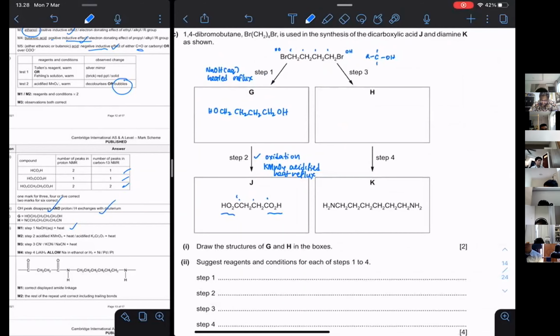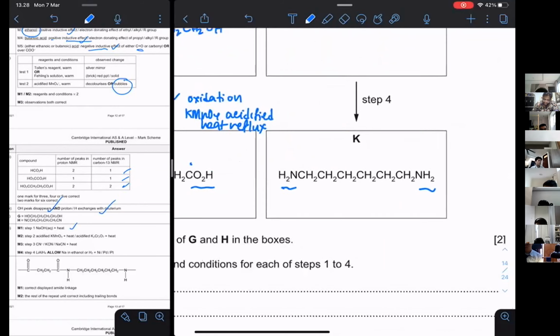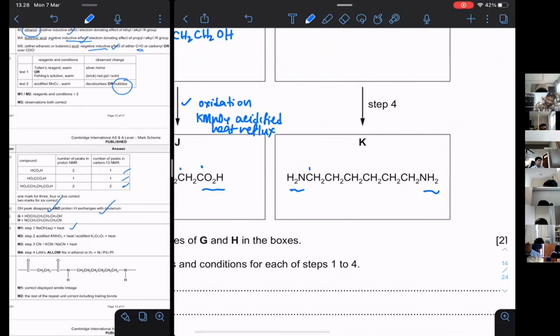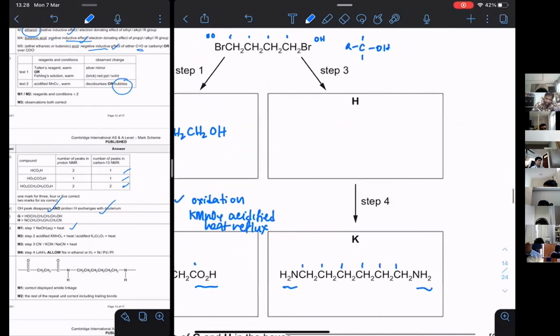So now, let's look at the formation of amine. Again, let's look at the number of carbons: 1, 2, 3, 4, 5, 6, and 1, 2, 3, 4. The moment you see an increase in the number of carbons, you know for sure you need to react with KCN.